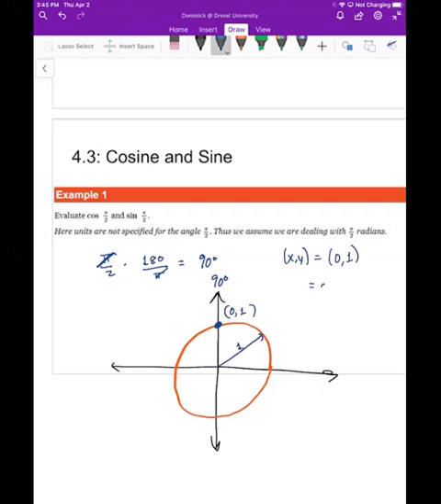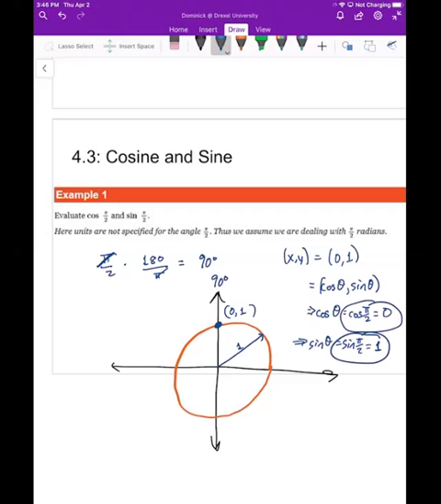But since x comma y is cosine theta, sine theta, that means that cosine of theta, in this case cosine of pi over 2, is my x-coordinate, which is 0. And then sine of theta, which in this case is sine of pi over 2, is equal to 1 because that's my y coordinate.